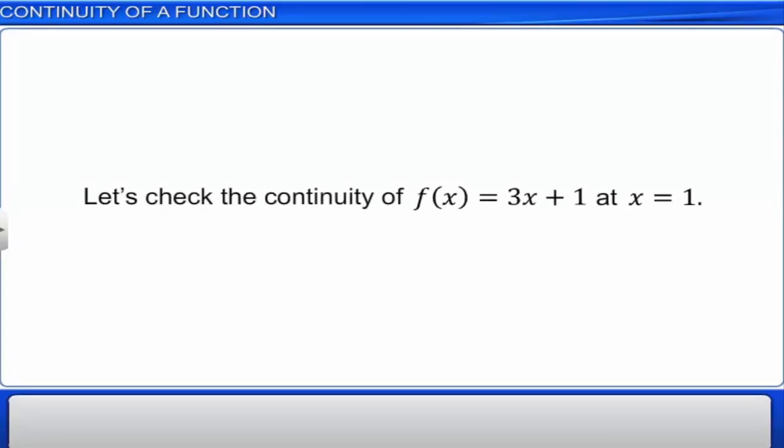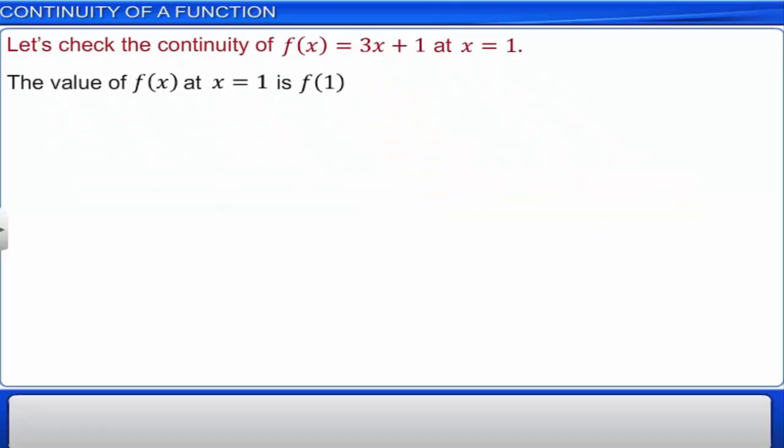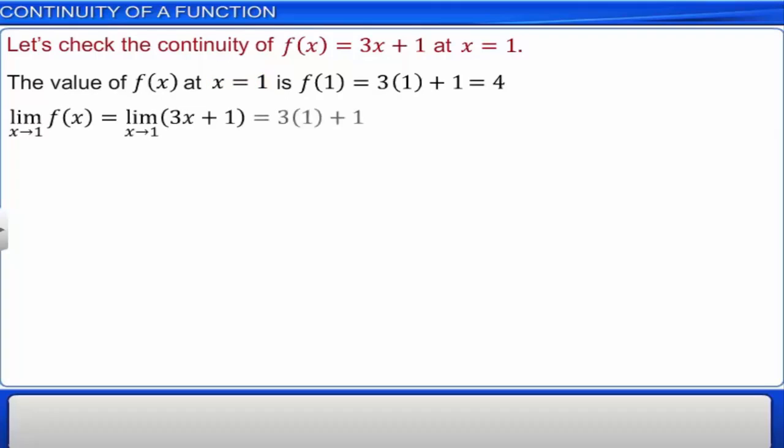Let's apply the definition of continuity to check the continuity of a function f given by f of x is equal to 3x plus 1 at x is equal to 1. It is clear that the value of the function is 4 when x is equal to 1. Next, we'll find the limit of the function as x approaches 1.